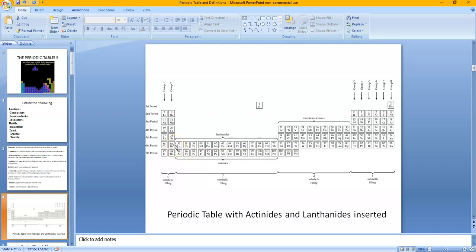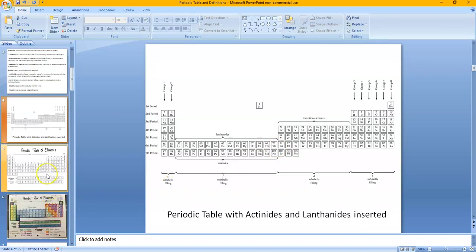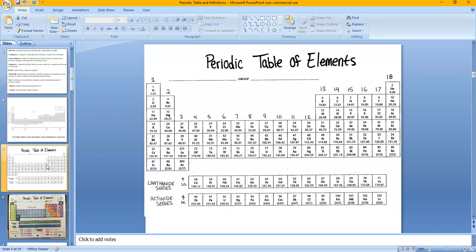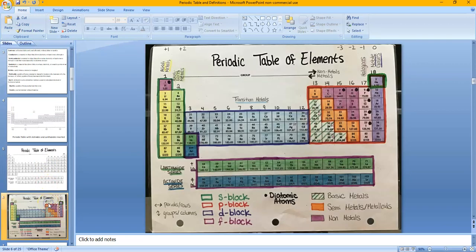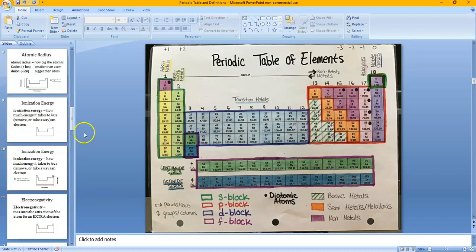And when we do electron configurations, this will make a lot more sense to you. However, it's really hard to write those down. So we usually abbreviate it like this. And you have done your periodic table, hopefully, and colored your very own, and know about the periodic table and what things are called. So let's move on to some trends.